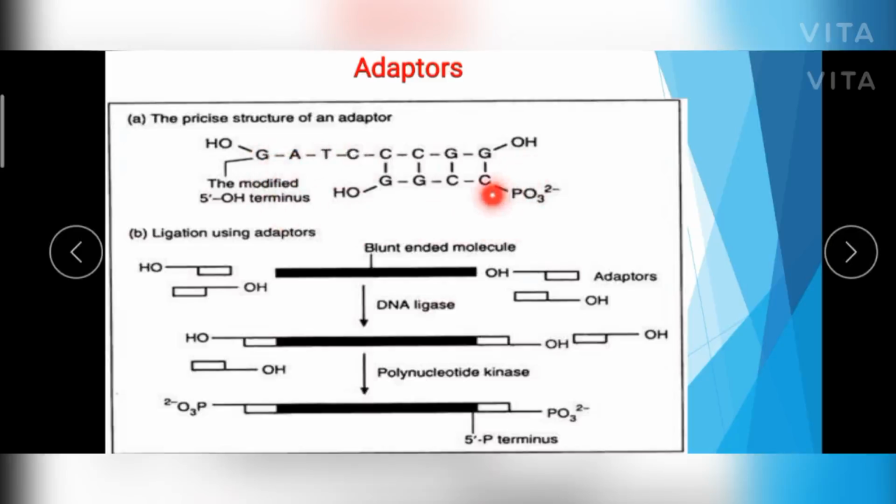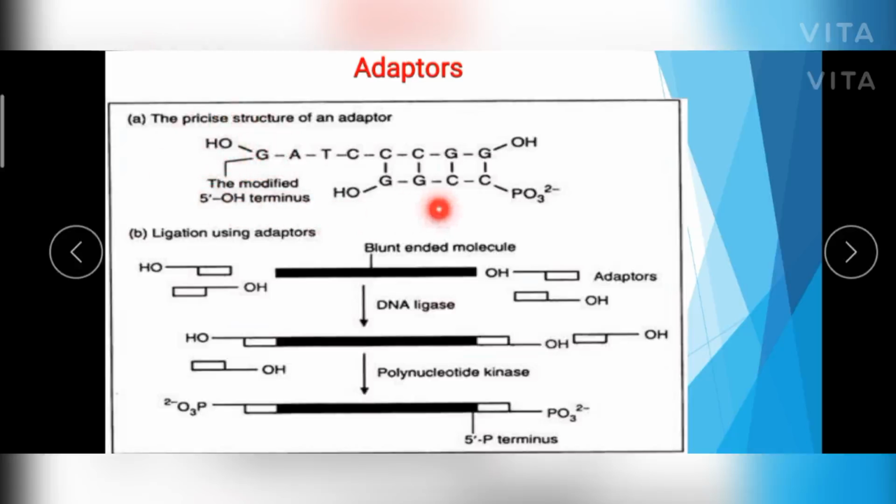These adapters are attached to the target DNA molecule. Another important feature is that the 5' end of this adapter molecule lacks the phosphate group. Here you see it is modified; it has a hydroxyl group. Why is this hydroxyl group added?